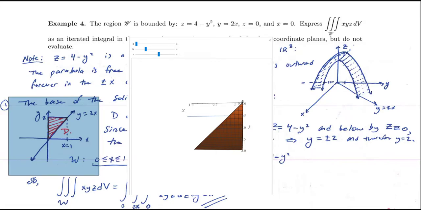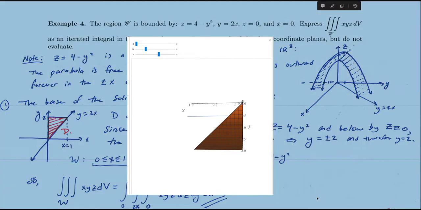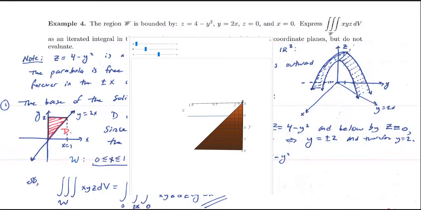How would we find this? Well, we just want to know it's bounded above by this surface right here, and below by z equals 0. So to know what this shadow looks like, we want to basically project that surface into the xy plane. When we do that, this crosses the xy plane right here at y equals plus or minus 2.